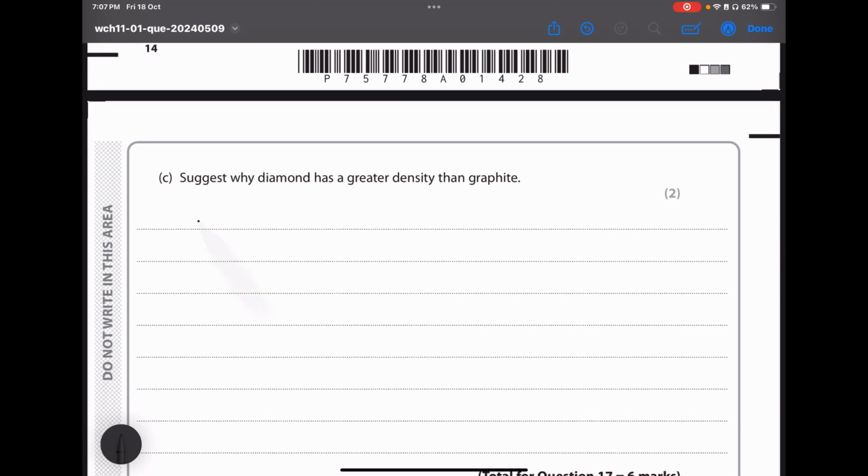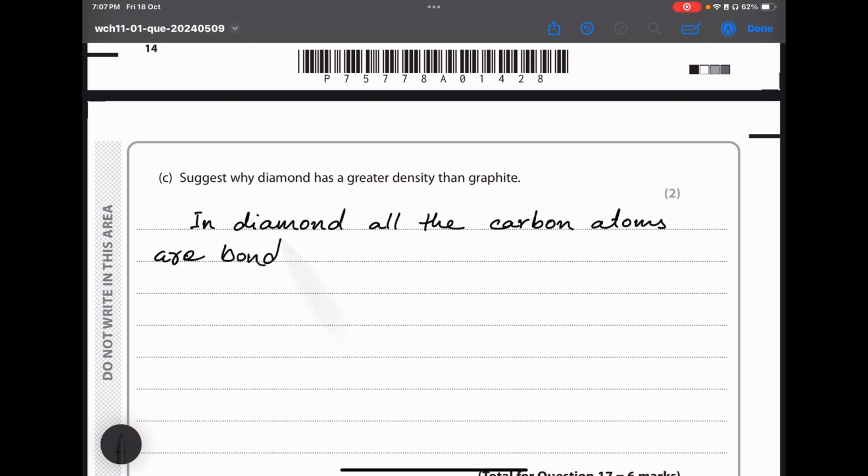So we know in diamond, all the carbon atoms are bonded strongly, very close to one another.